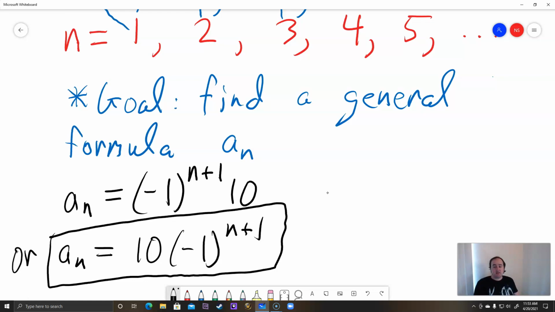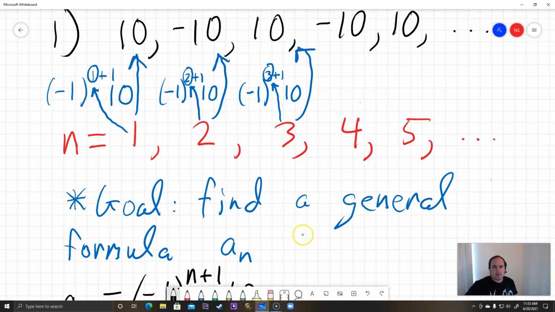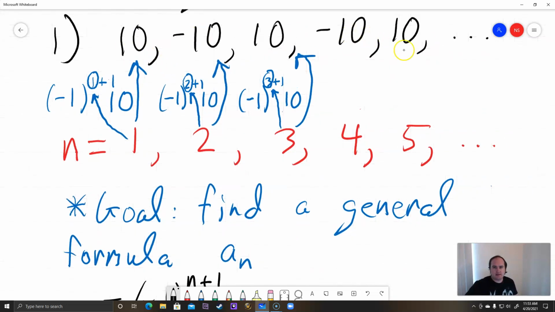So now, as you can see, these are a lot trickier, because you have to look for a pattern, and not only that, then you have to come up with your own formula to describe the pattern. But remember, when you have alternating signs like this, when it goes from minus to plus, or vice versa, that's always going to be negative 1 raised to a power of n.